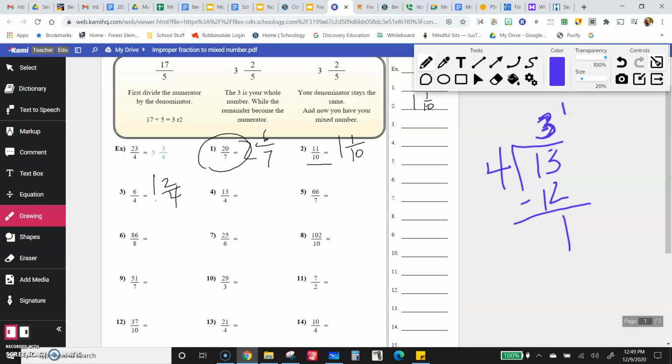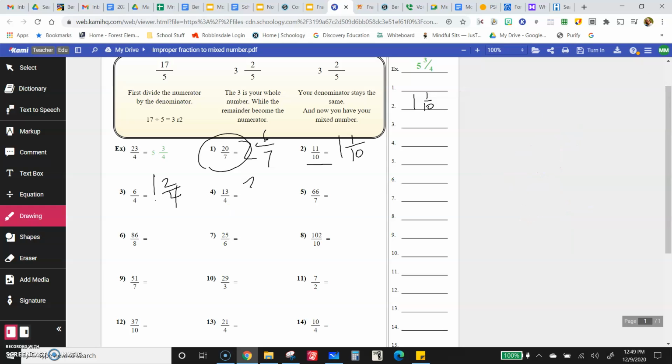My remainder becomes my numerator, and my denominator of 4 is going to stay a denominator of 4. So that's sort of a shortcut way of doing it, especially if you get like 66 7ths. That's a big number to draw. Versus if I just do it the shortcut way and get 3 1/4.